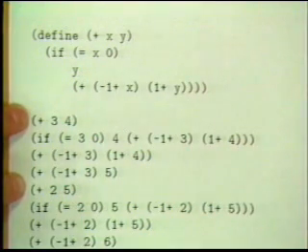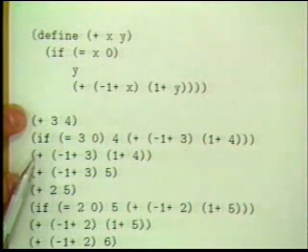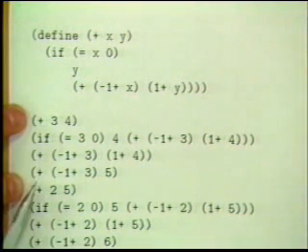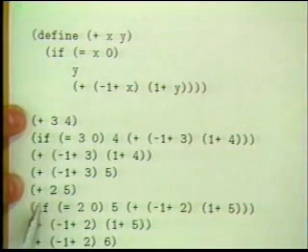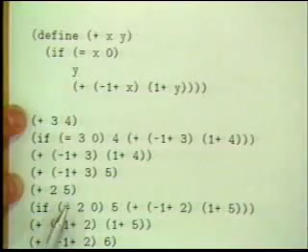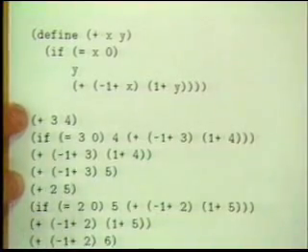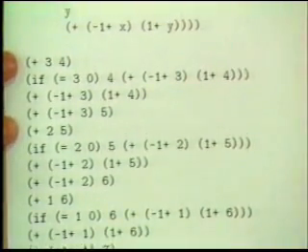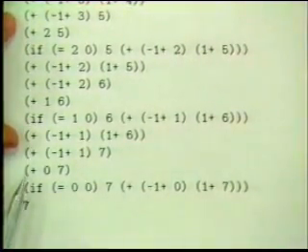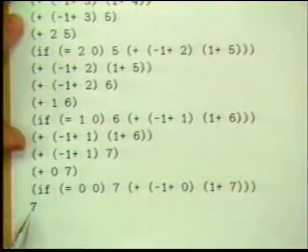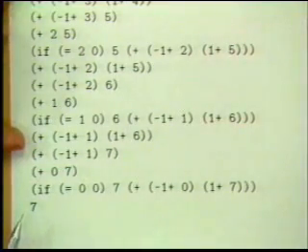In general, I'm not going to write down intermediate steps when using substitutions having to do with ifs, because they just make things too complicated. What we will be doing is saying, oh yes, the sum of 3 and 4 reduces to the sum of 2 and 5, which in fact reduces to the sum of 1 and 6, which reduces to the sum of 0 and 7, which reduces to a 7. Okay? That's what we're going to be seeing.